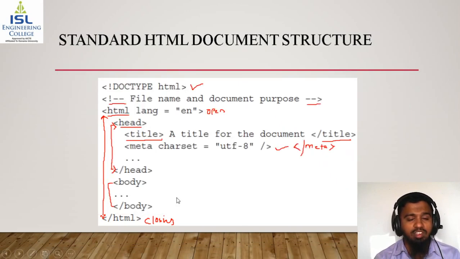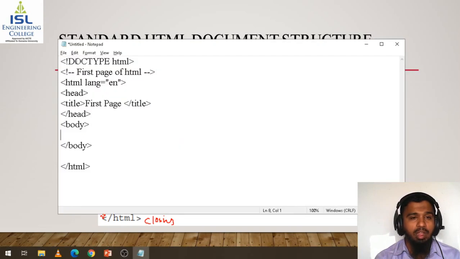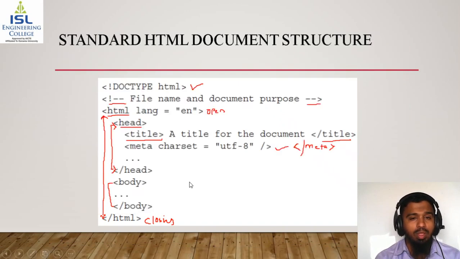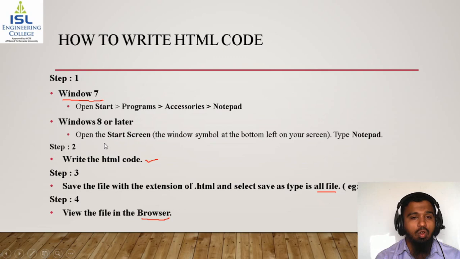Whatever the structure, all the points are covered: document type, HTML opening tag and closing tag, head opening tag and closing tag, title opening tag and closing tag, and body is also opening tag and closing tag. Now we will go with the next option, write the HTML code.